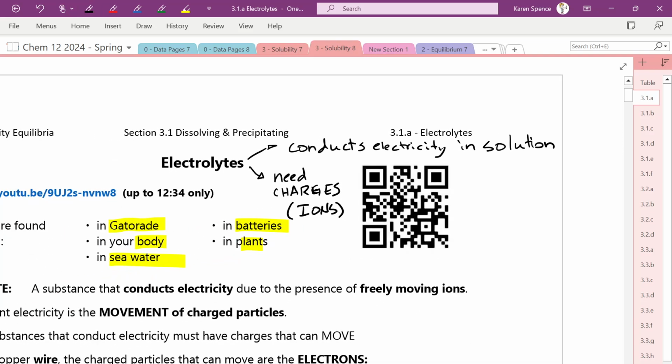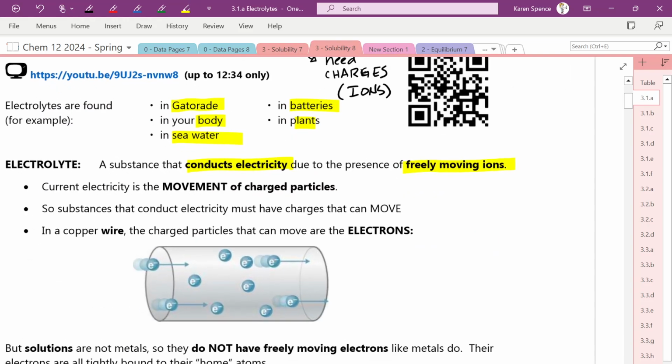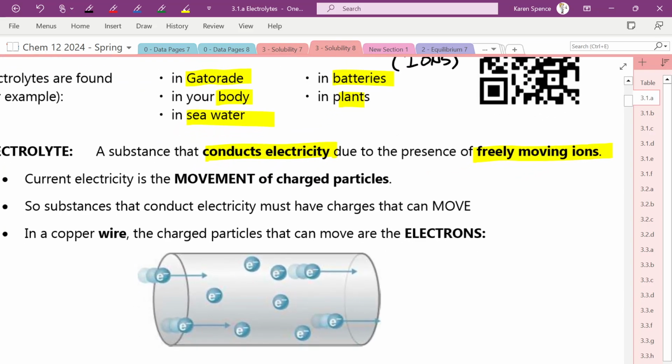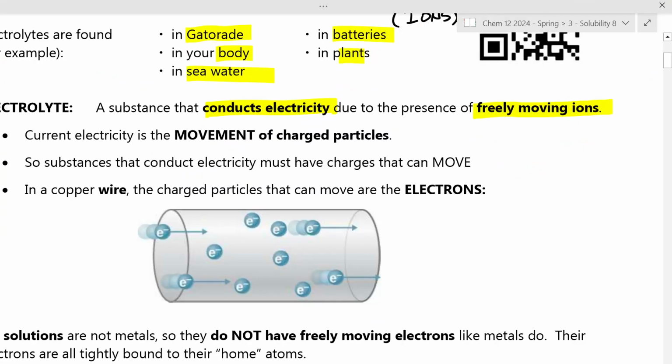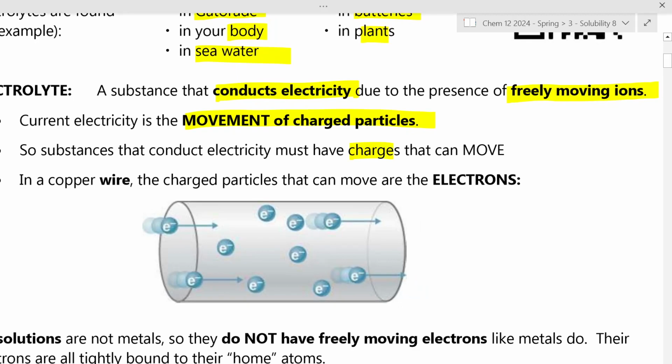So an electrolyte is a substance that conducts electricity due to the presence of freely moving ions, because current electricity is the movement of charged particles. So you need to have charges that can move.